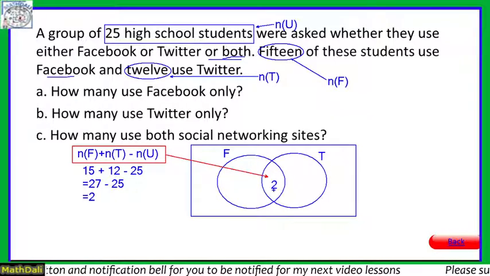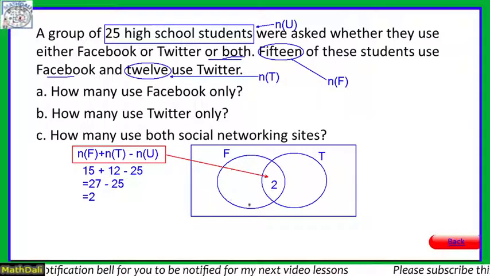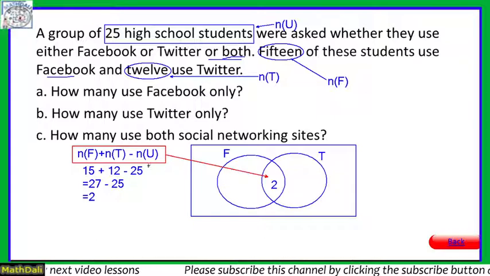So, kung dalawa yung gumagamit ng dalawang social medias, ito yung sa Facebook at saka Twitter, ilan naman yung gumagamit ng Facebook only? Okay, for Facebook only.